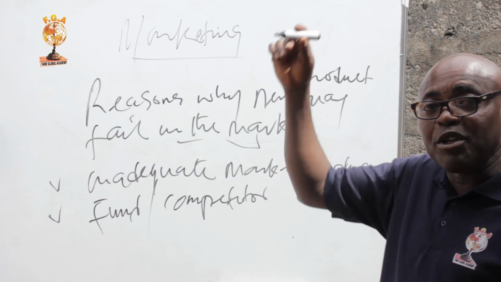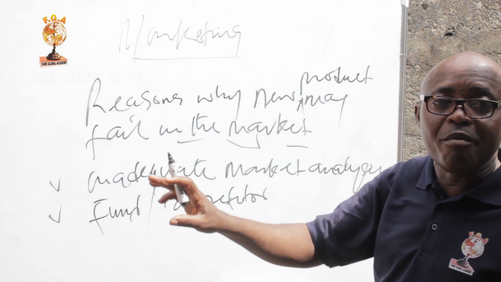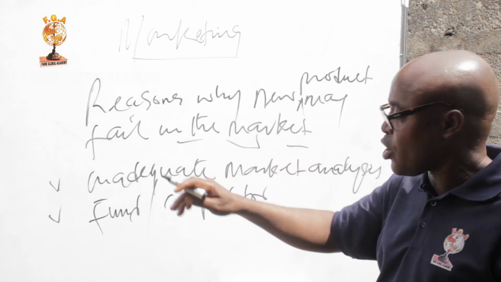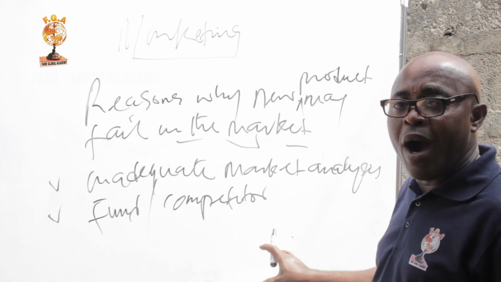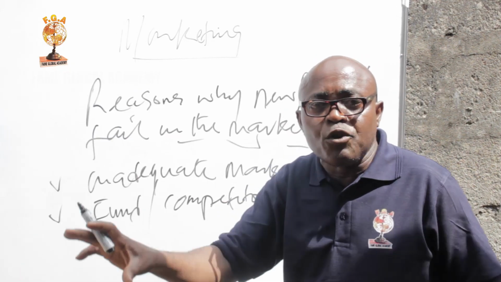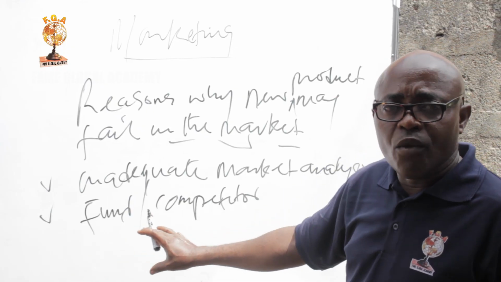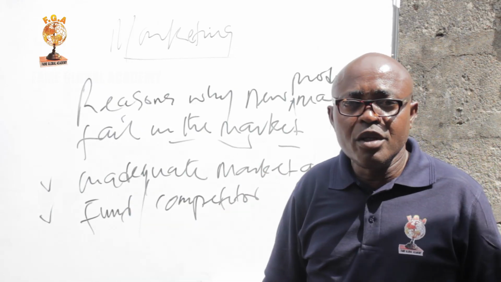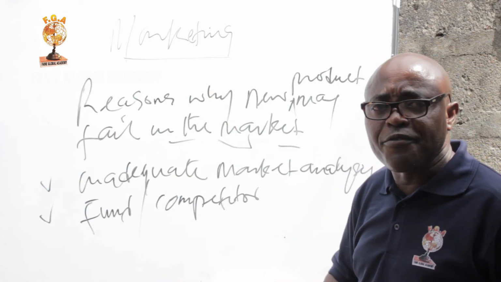Like I mentioned when we talked about the elements of marketing, we talk about monopoly. There are people who have the monopoly. They enter into a state and buy up a company, whether they are operating in that company or not. The issue is that they have monopoly to operate. So they are there 24 hours.